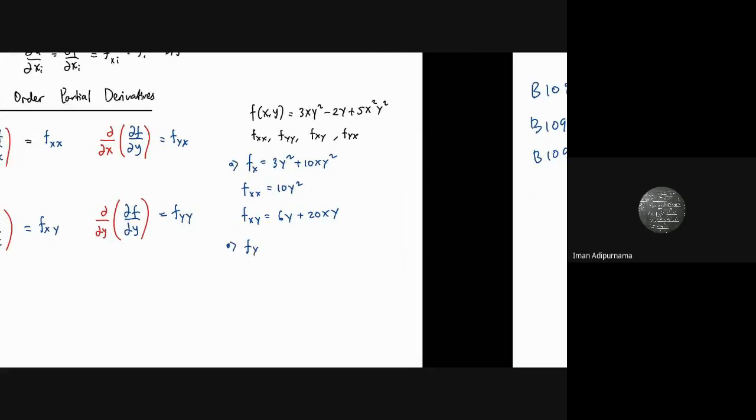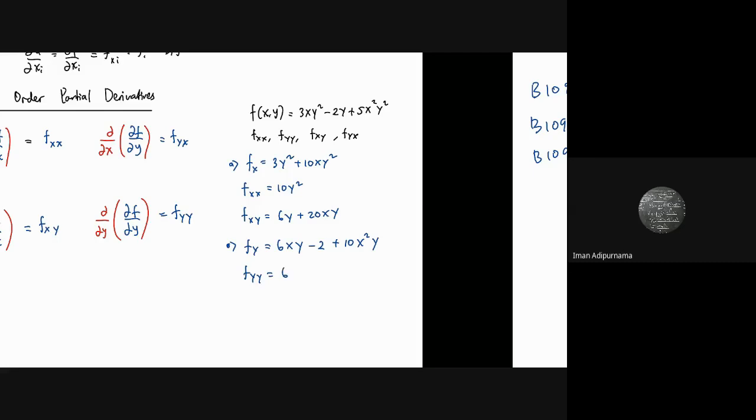Now if we start with partial y, this will be 6xy minus 2 plus 10x squared y. We differentiate one more time with respect to y.